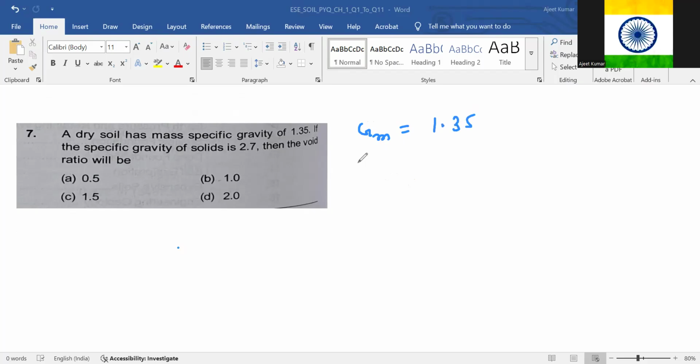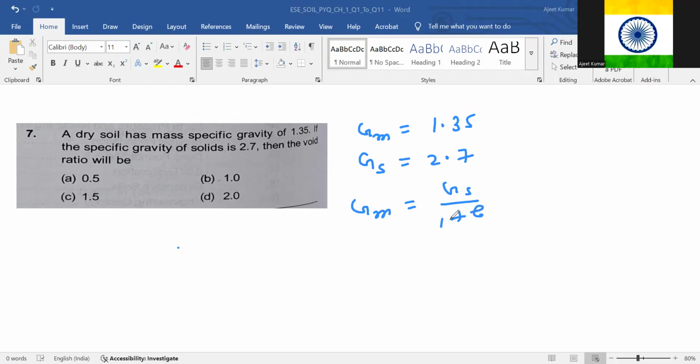The specific gravity of solids, which is always greater than Gm, is given as 2.7. What will be the void ratio? So remember the relation: Gm is equal to Gs divided by 1 plus e. This will be the mass specific gravity.